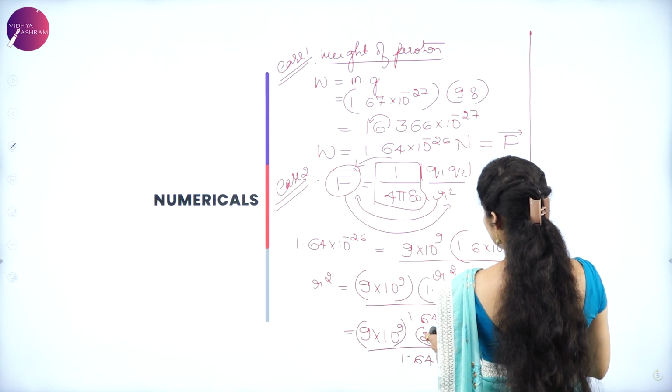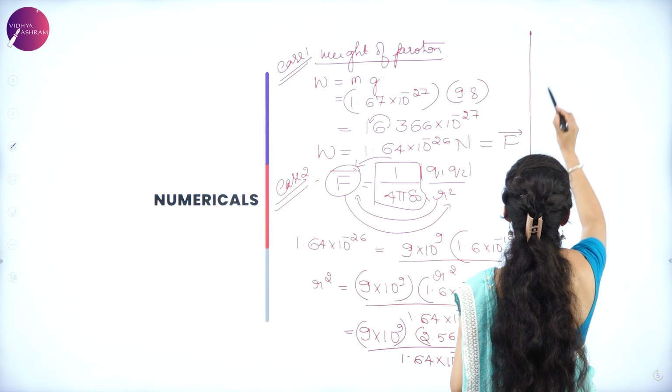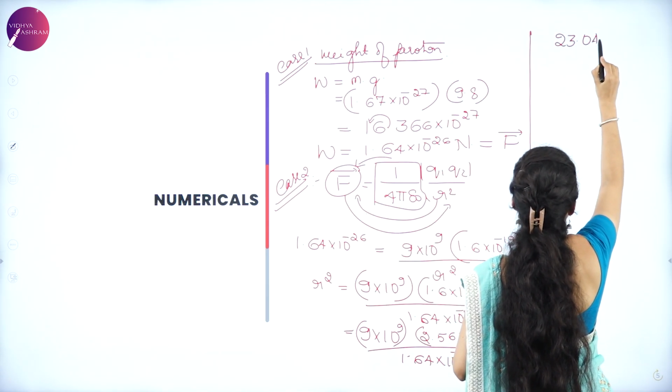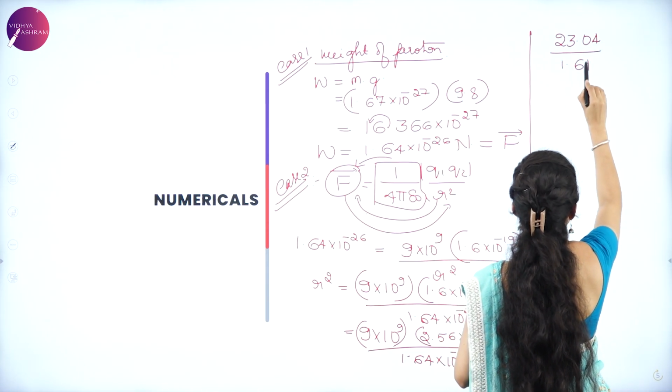You have got 9 into 2.56, which can be written as 23.04, divided by 1.64.